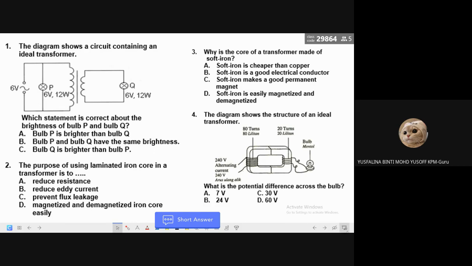Right, so we just continue. You can still join even though the quiz already started. Okay, so question number 1 until number 4.